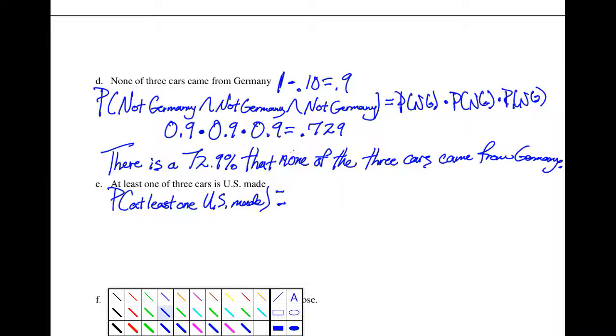But to do this, we want to find the probability that none of the 3 cars are made in the US, and then subtract that number from 1 to get the probability that at least one is US made.